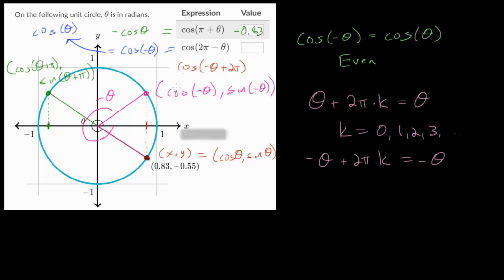And again, that's just because when we compare the two, their x values on the unit circle are equal to each other. So the value of this expression, the cosine of 2 pi minus theta, would just be the x value for the cosine of theta, or 0.83.